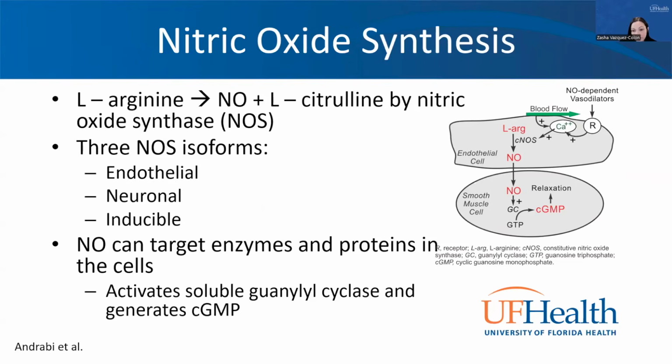The endothelial is found in the endothelium, and it produces nitric oxide in small amounts to regulate vascular tone. The neuronal NOS is found in neurons, and it functions in neurotransmission, and the inducible NOS is expressed in immune cells and produces large amounts of NO during inflammation or infection.